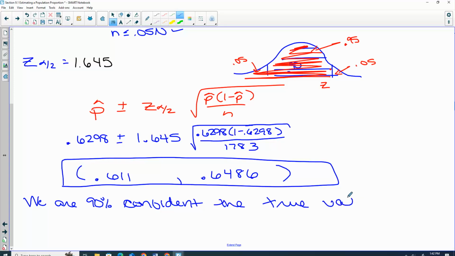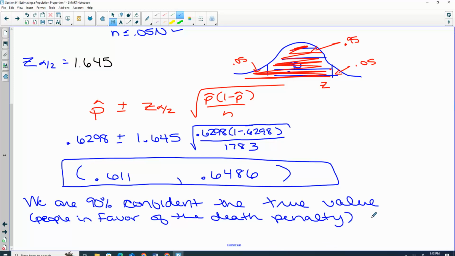Or in this case, it was the people in favor of the death penalty, is between 0.611 and 0.6486.